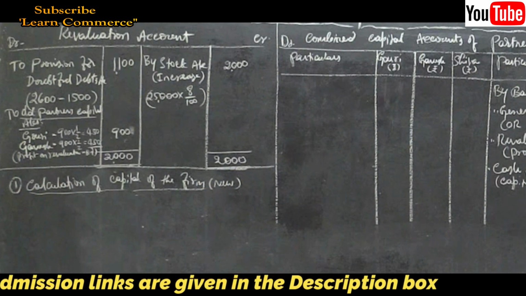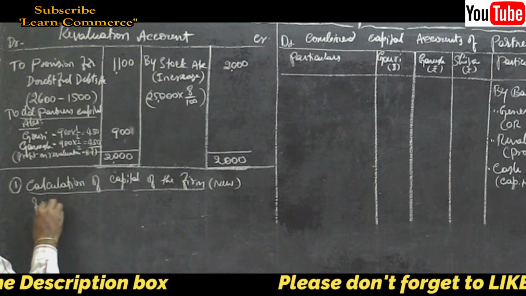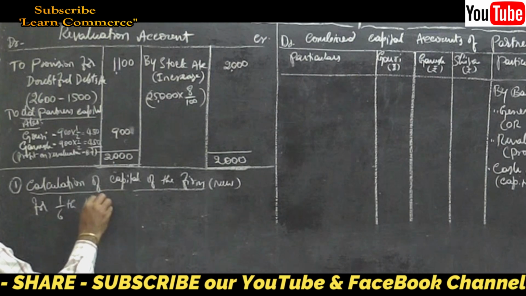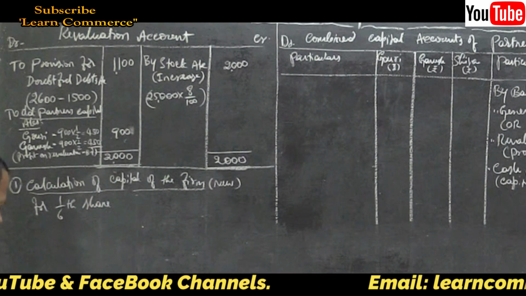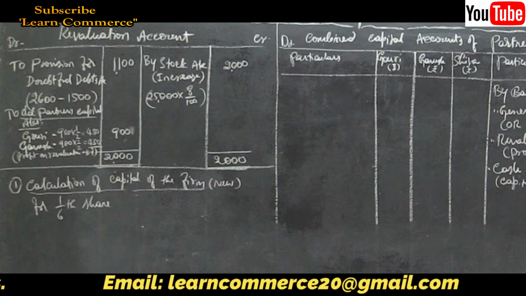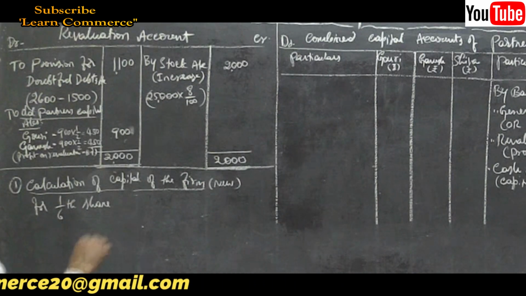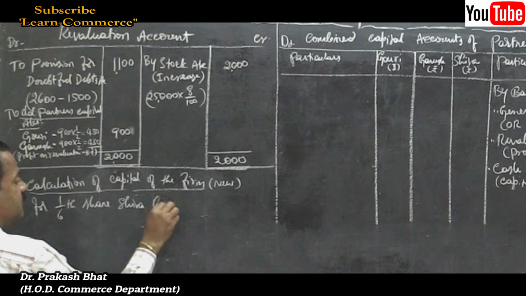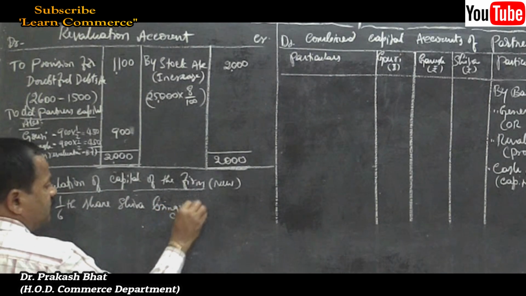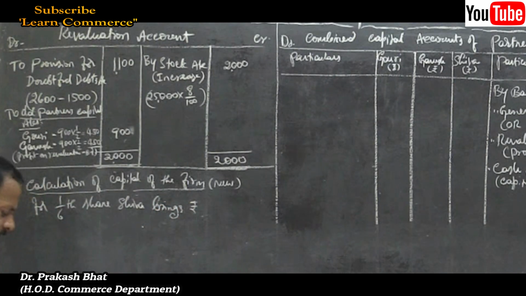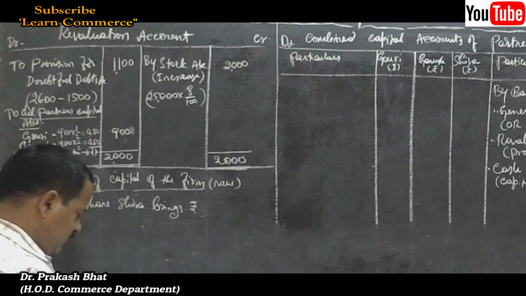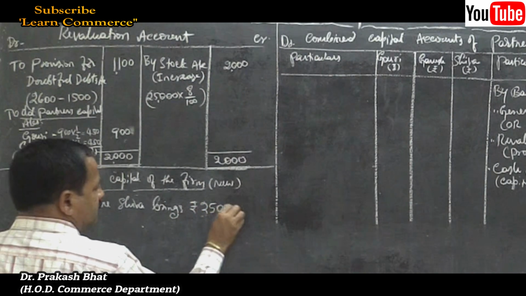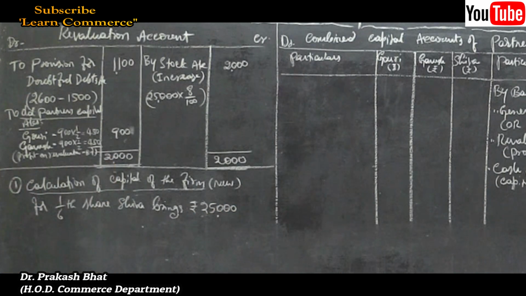So for a 1/6 share, the new partner Shiva brings 25,000.